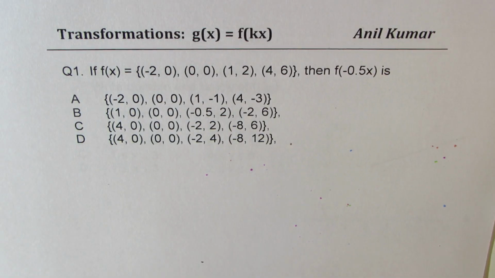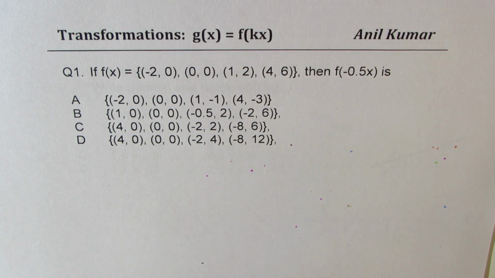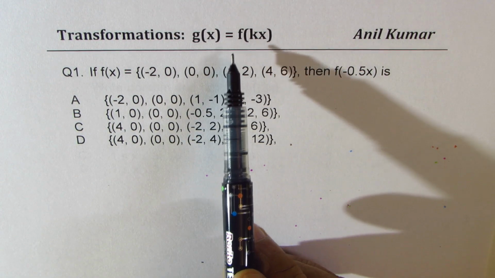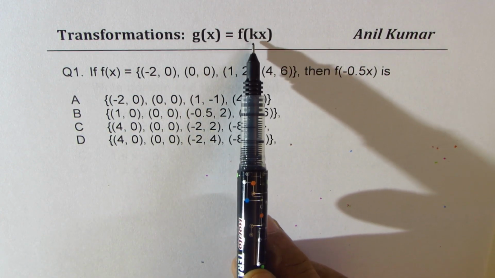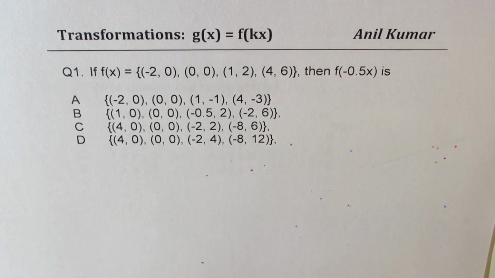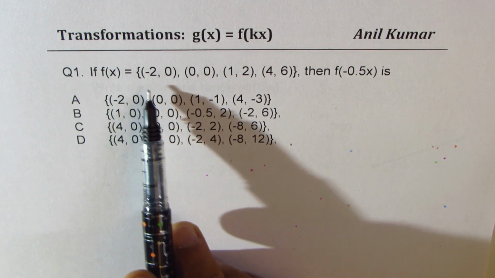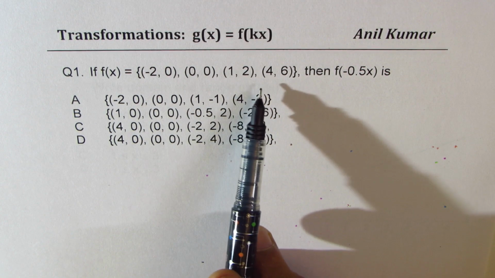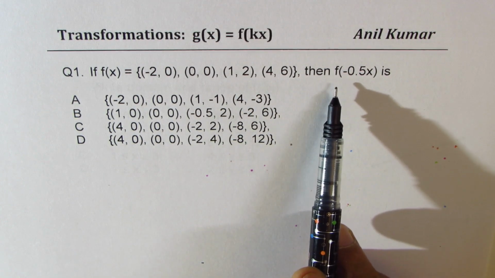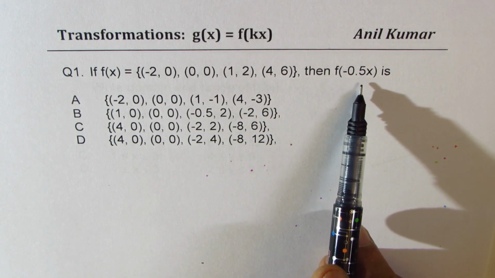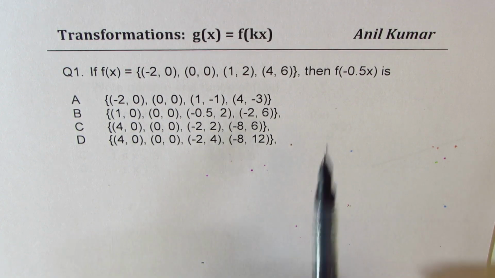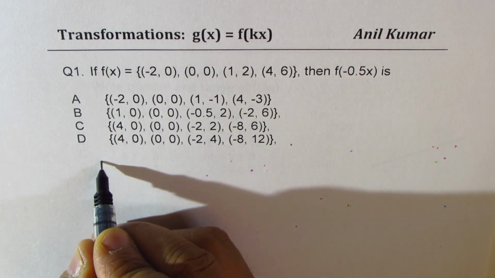Now here are 5 multiple choice questions on transformation of functions. We are considering the function g of x equals f of kx, where k is any real number. Question number 1. If f of x is equal to the function given, then f of minus half x is what? So let me rewrite this function.